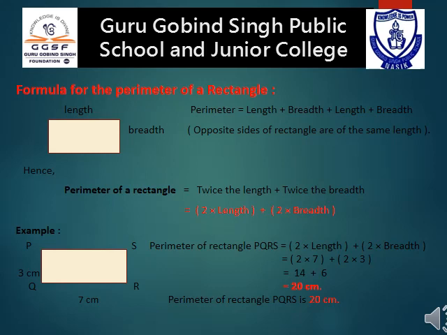Now 2 multiplied by 7 is equal to 14, plus 2 multiplied by 3 is equal to 6. So the answer is 20 centimeter. So here we can say that the perimeter of rectangle PQRS is 20 centimeter. Like this we can find out the perimeter of a rectangle by using the formula.